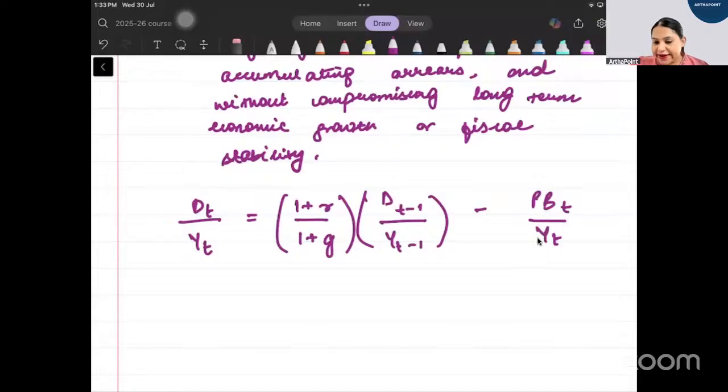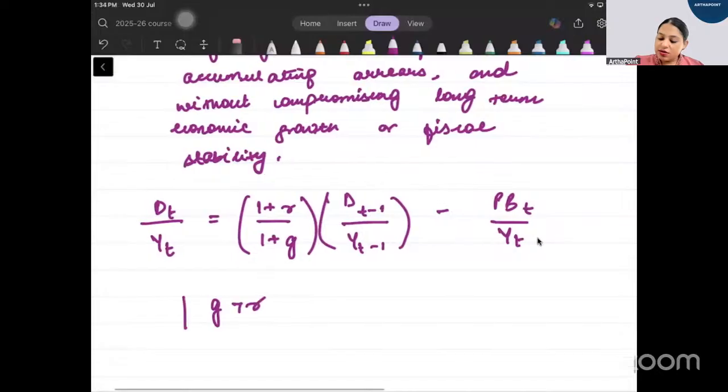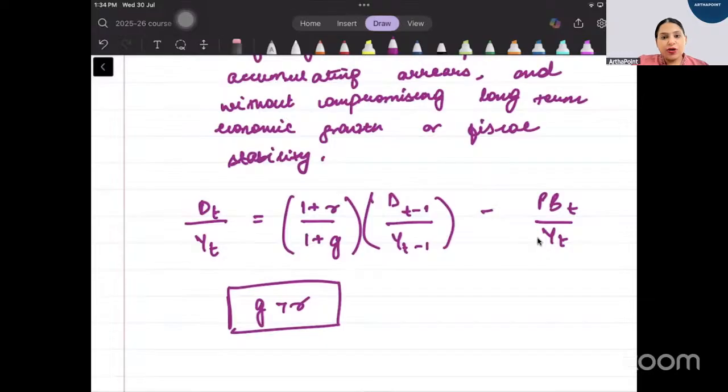And this debt GDP ratio is sustainable if the growth rate is greater than the interest rate. So debt GDP ratio can stabilize. It can fall over time if the growth rate of GDP is more than the interest rate, right? So as a principle, we want to ensure that we have a sustainable debt GDP ratio, right?